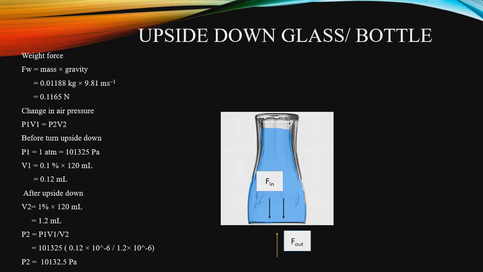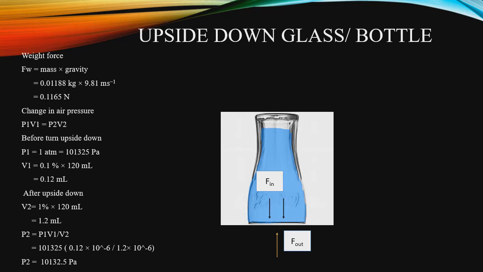V2 is the volume of air in the glass after turning it upside down. It has a 1% air gap, and from the 120 milliliter we take 1% to get 1.2 milliliter, where the water spilled out.